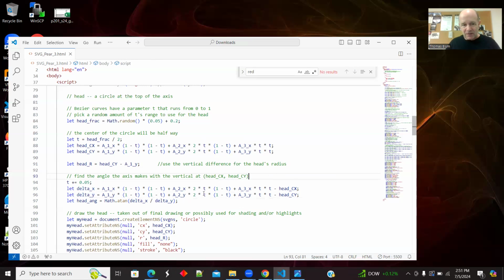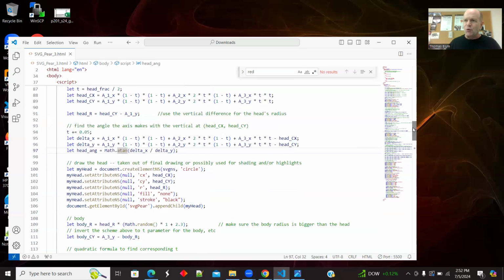At t, I was getting the head, but now I'm changing t a little bit, putting it back into the equation, then subtracting off the head. So I have a delta x and a delta y, and I did an arctangent of x over y. So this is an angle with respect to the vertical. So this is the angle that the head is making with the vertical. I didn't want to always assume that I was vertical. So you'll see this head angle popping its head in later.